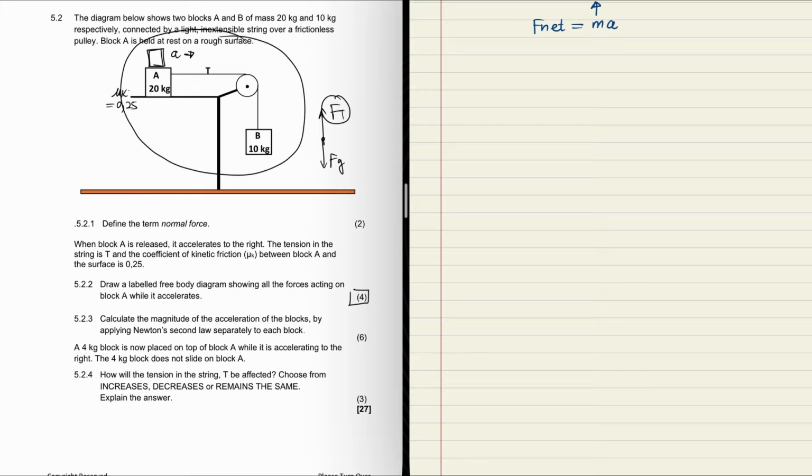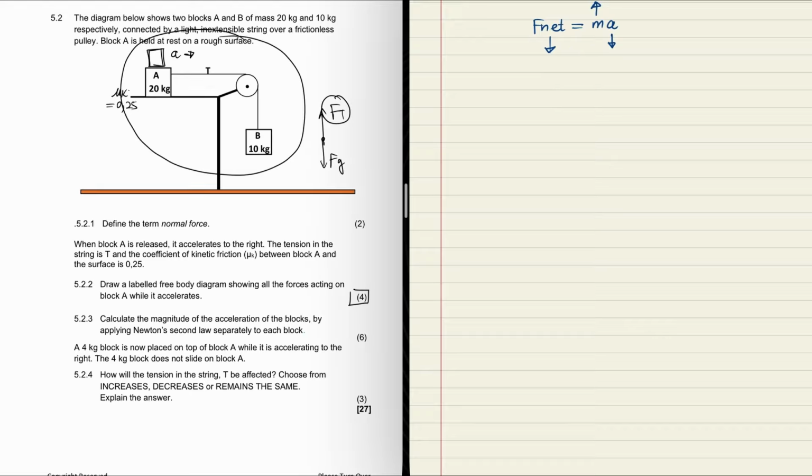Because as we know from Newton's second law, the acceleration is directly proportional to the net force and inversely proportional to the mass. So if the mass increases, not only will the acceleration decrease, but also the F net will decrease. Now we're going to use that and figure out what's going to happen to the tension.